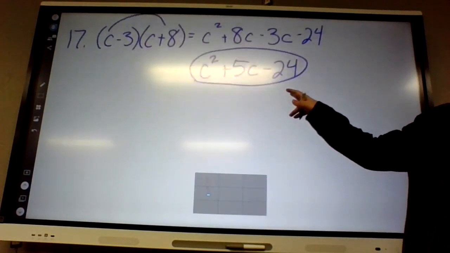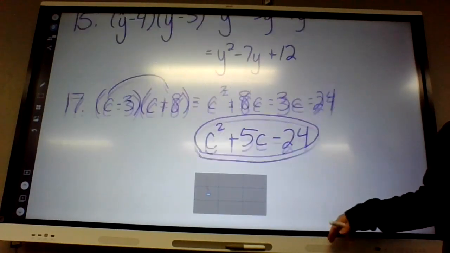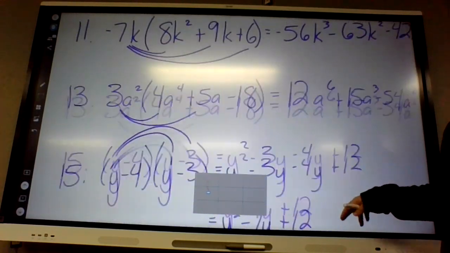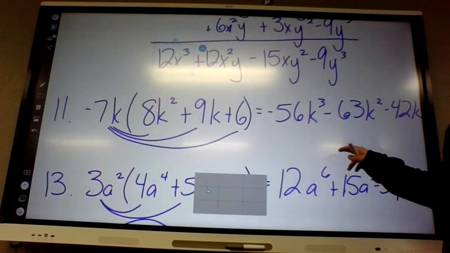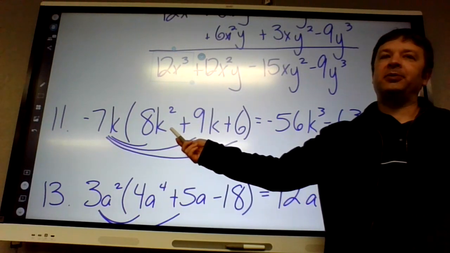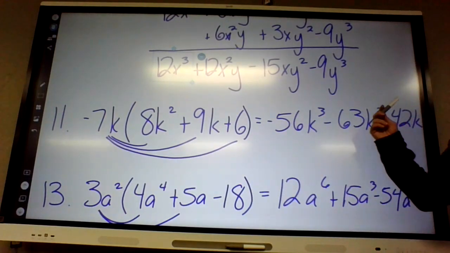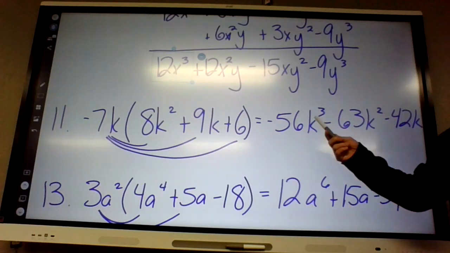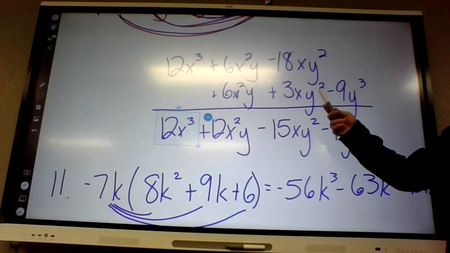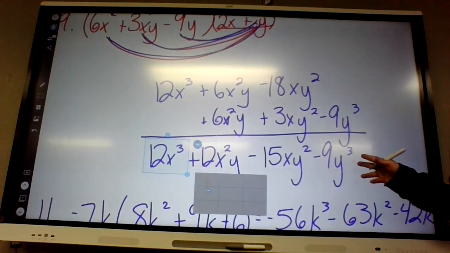Oh, I circled it this time. Are you making a show work for this? I expect to see work on the hard ones. Like 11, I didn't show any, and copying down the problem is not showing work, by the way. So if I say show work and you copy that down, that's not what I mean. So notice I didn't show any work on 11. So this would be like a no. But on this one, if you don't show any work, that makes me suspicious, like you didn't actually do it. But not on, like, a 10 through 29.